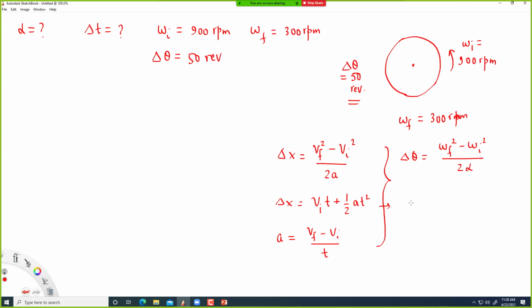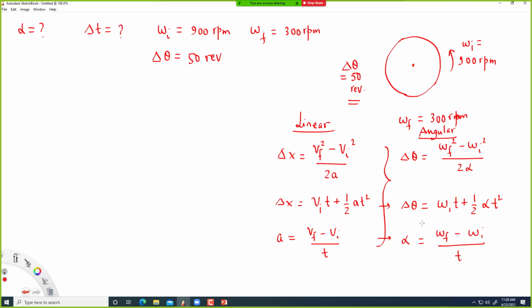So we have delta theta is equal to omega I t plus 1/2 alpha t squared. Time for both linear and angular motion is the same. And then alpha is equal to omega final minus omega initial over t.